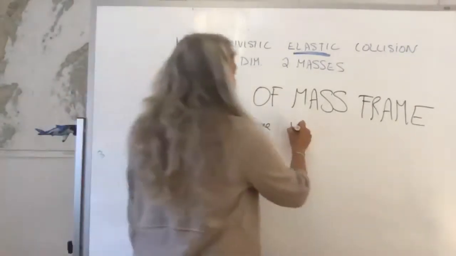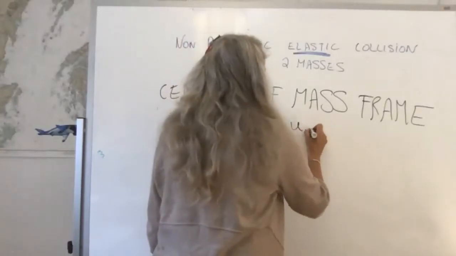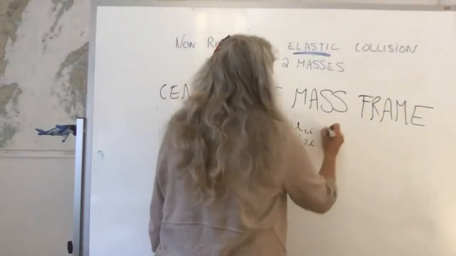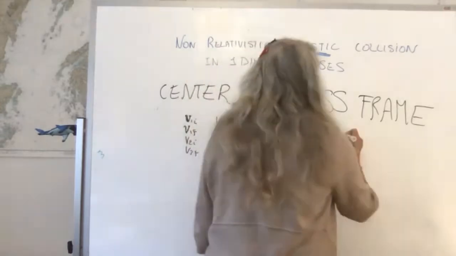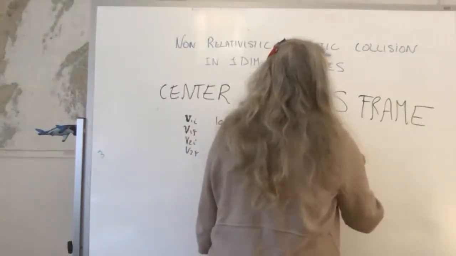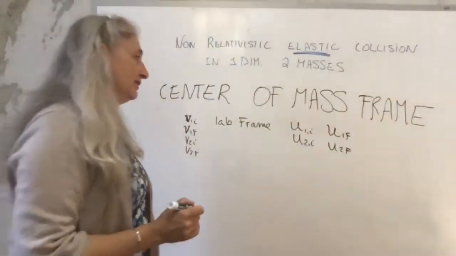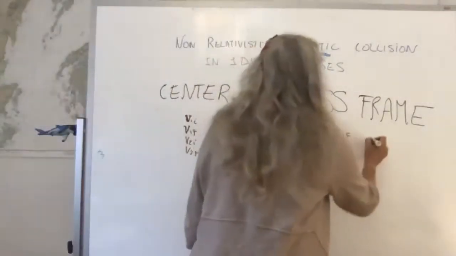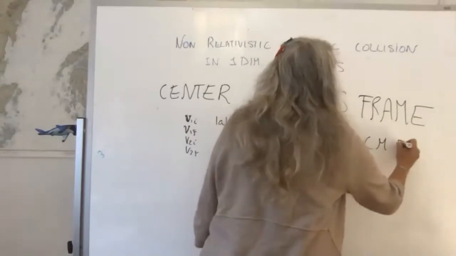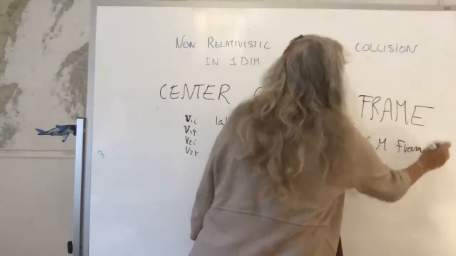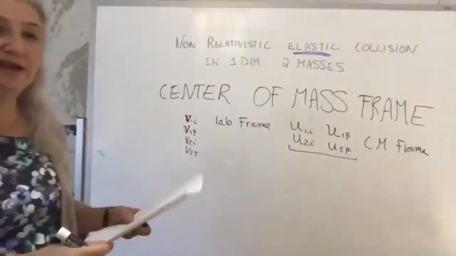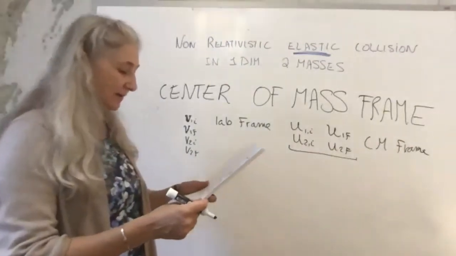So let's use U1I and U2I and U1F and U2F. These are the velocities in a frame moving with the center of mass. So this is the center of mass frame. I'm just going to use that to remind you that we're working in this other frame.